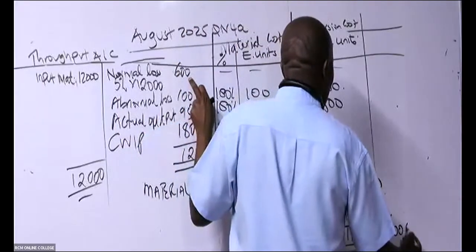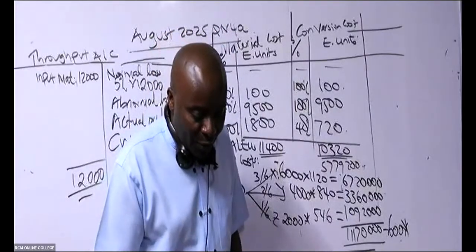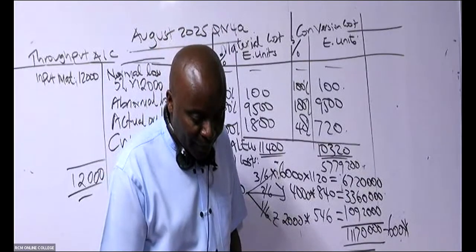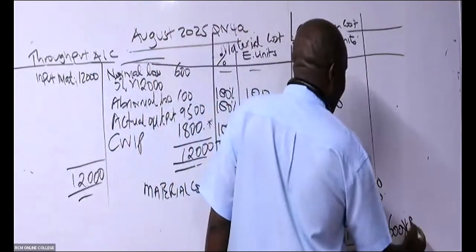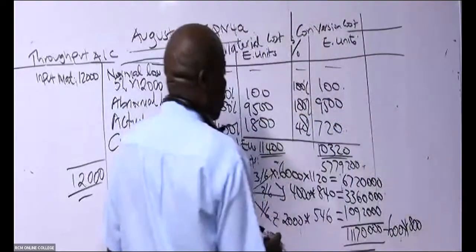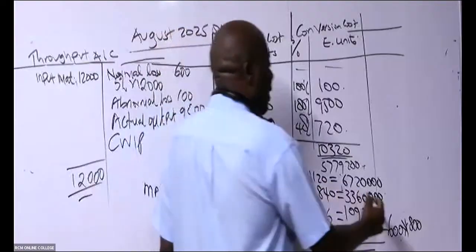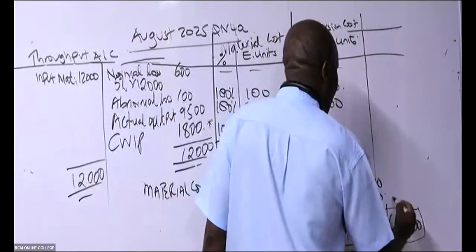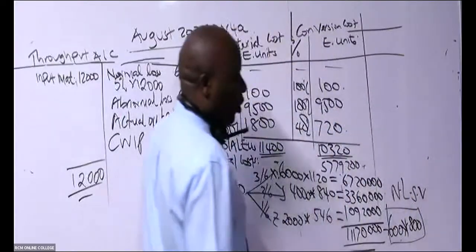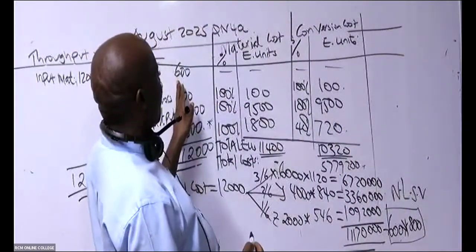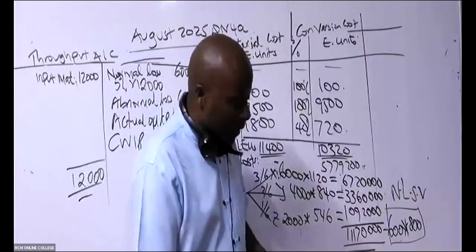And have they given us the scrap value per unit? 800. So we have here 800. Thank you so much. So always remember to subtract the normal loss scrap value. Deduct normal loss units times the scrap value over 800.